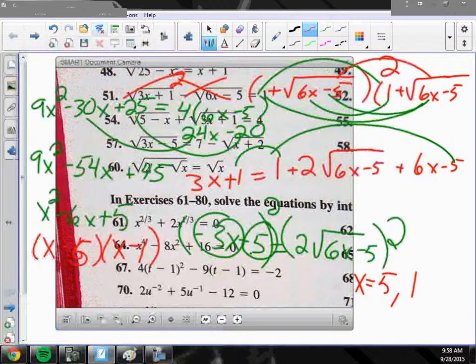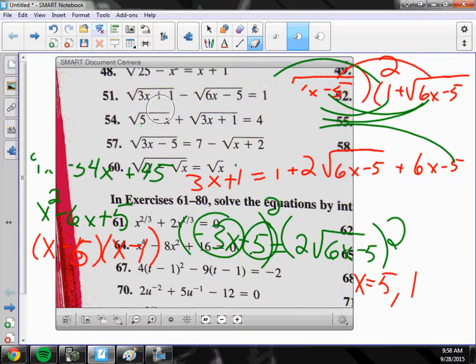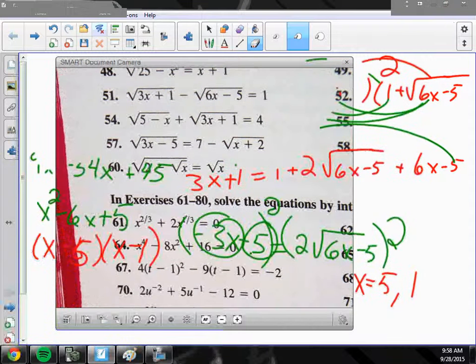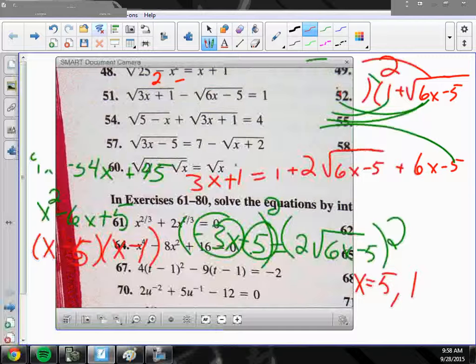And then I have to look back at the original equation. It was number 51. So I just need to check, do 5 and 1 work? So put a 1 in there. 3 times 1 plus 1 is 4, so that would be 2, minus, put a 1 in there, 6 minus 5 is 1, square root of 1 is 1.